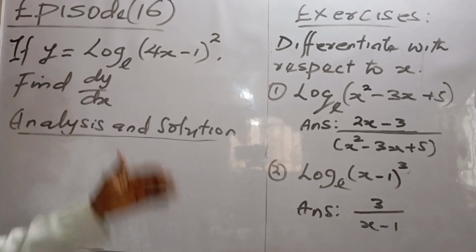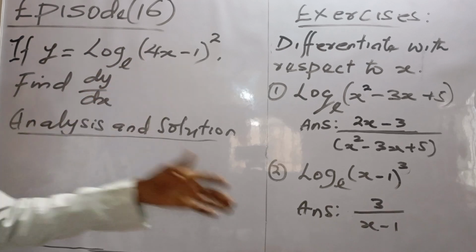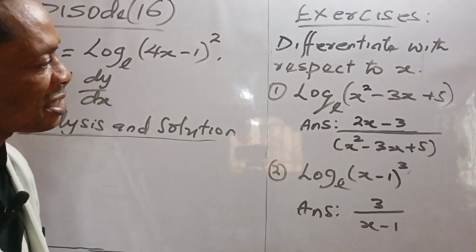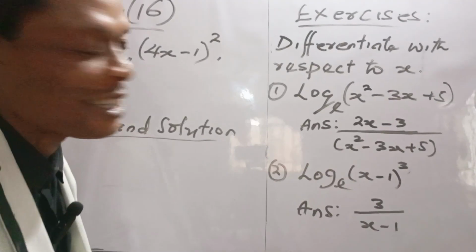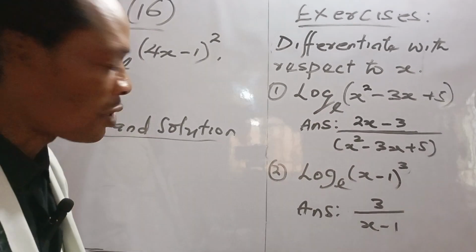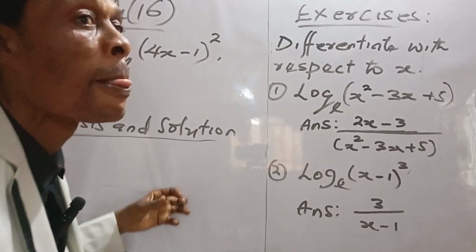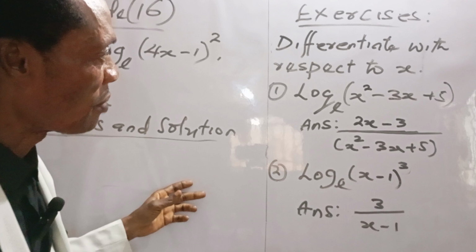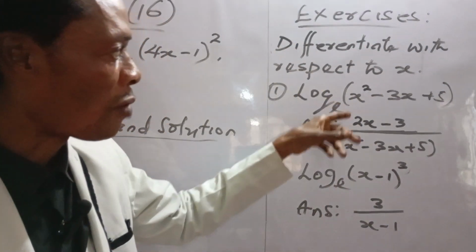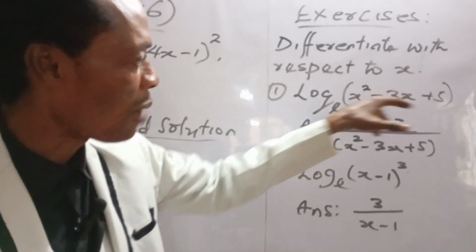Analysis and solution. But before we continue with the question, look at the exercise. I think it is very important that, starting from now, I should be giving you exercises. These are the questions you do after you have gone through what I want to teach you here. Exercise: differentiate with respect to x. This is a log to base e of s squared minus 3s plus 5.